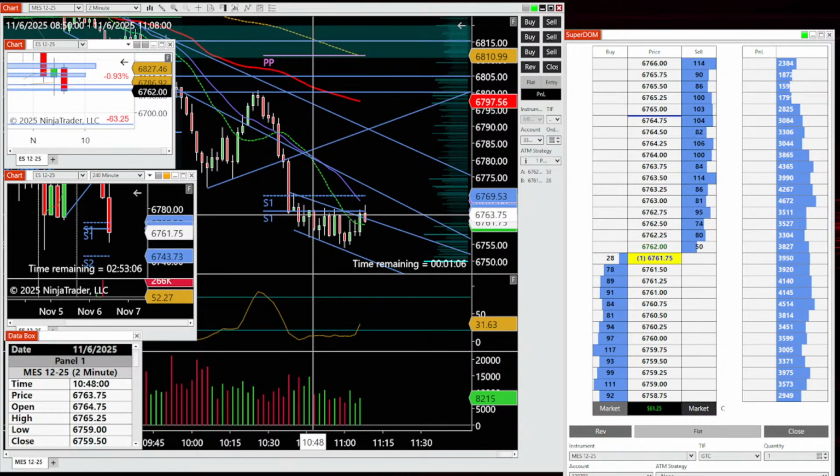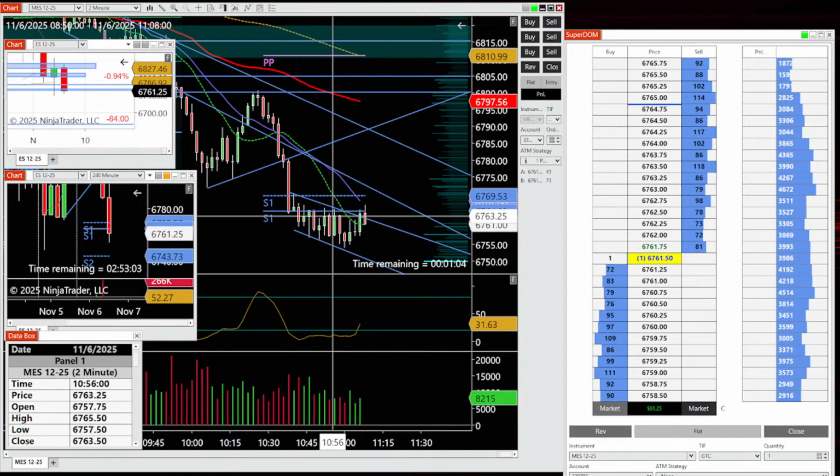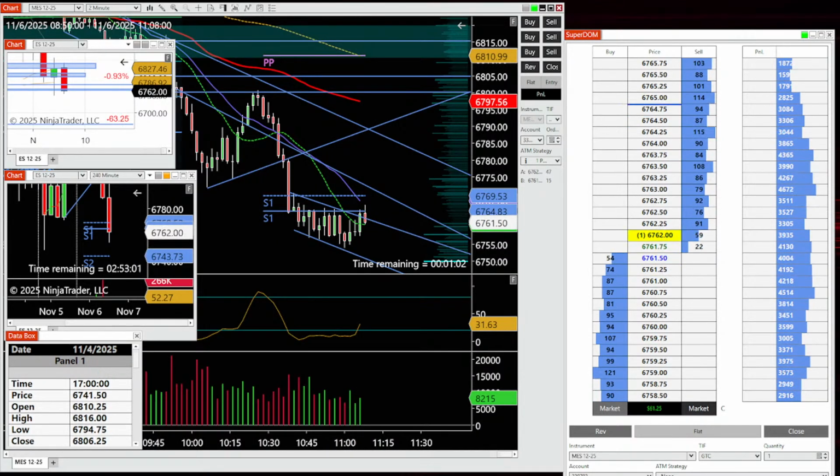Well, support, which is now resistance. So peeked over again.